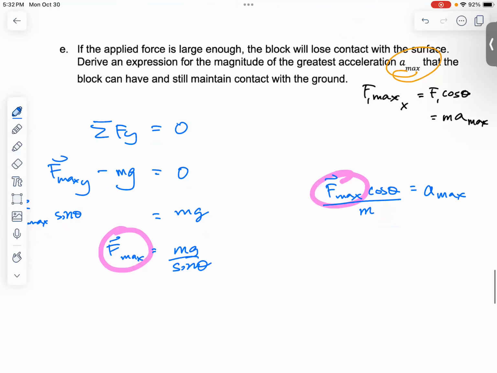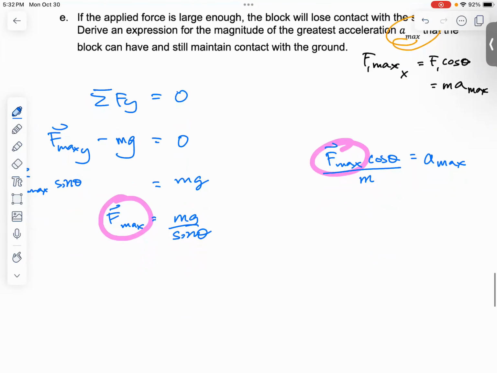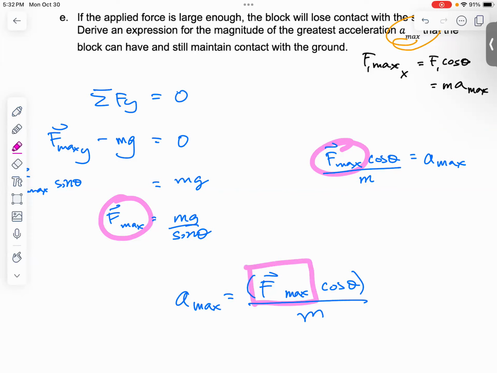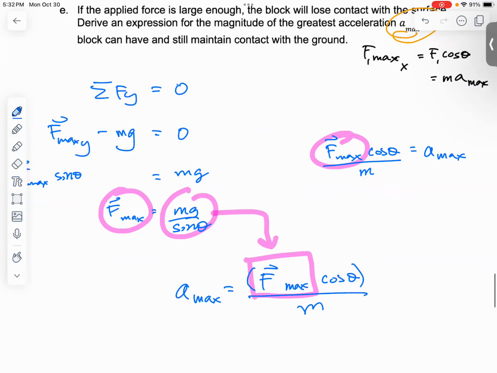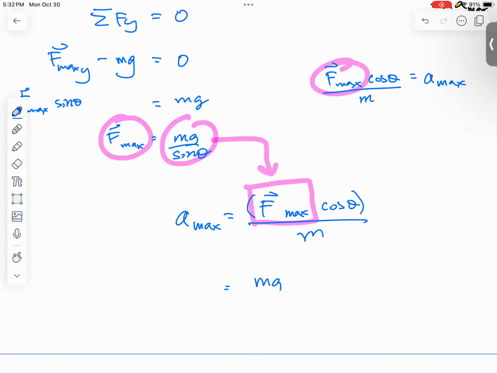So that's the reason why we take care of both directions and say, all right, A max is F max cosine theta over m. And we are going to substitute this with mg divided by sine theta.